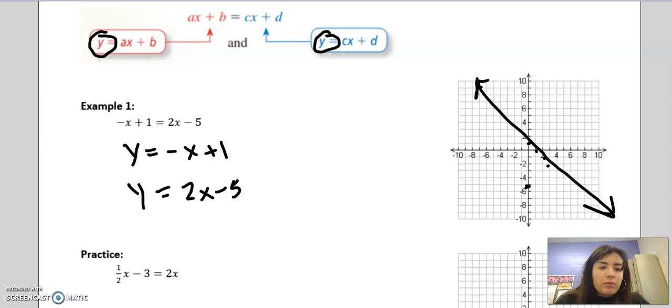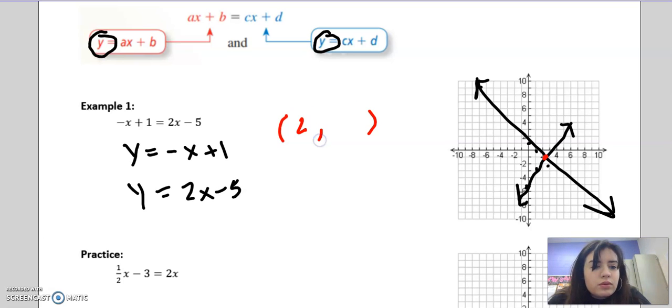And we're going to go up 2, right 1, up 2, right 1. And we have our intersection. So they meet right here. And we're going to check our x and y coordinate. And it looks like it is at 2, negative 1.